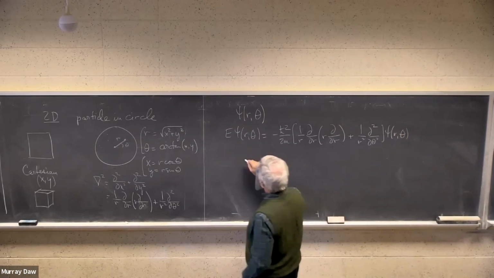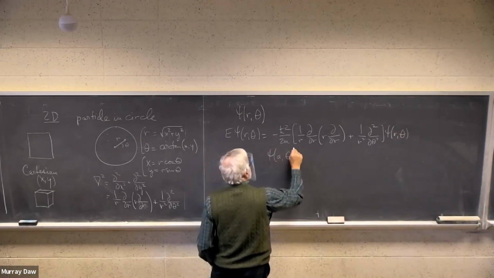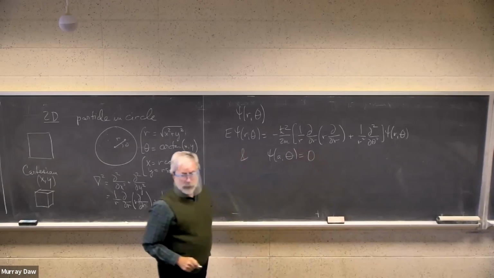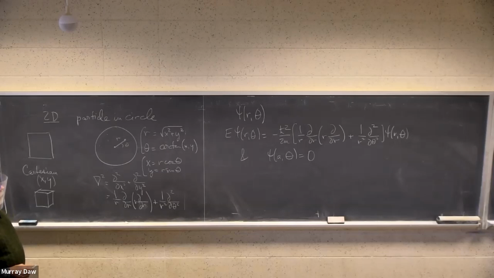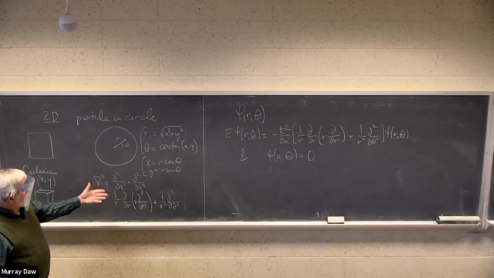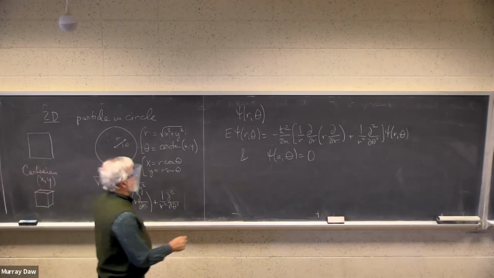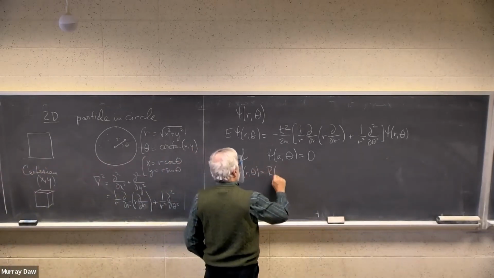And we also have the condition that the wave function vanishes on the circle, on the outer perimeter of this region. Okay, and then once again, it will work to try the separation of variables. So we would write the wave function as a product.